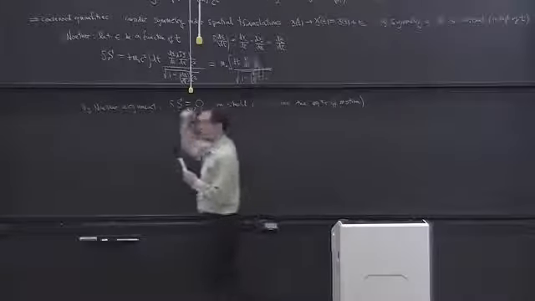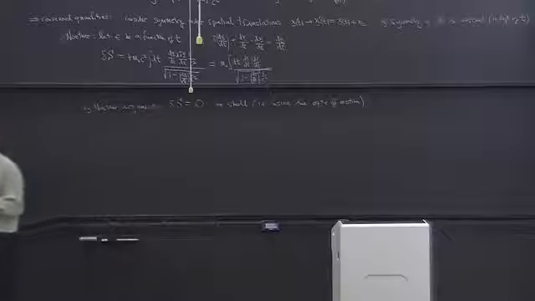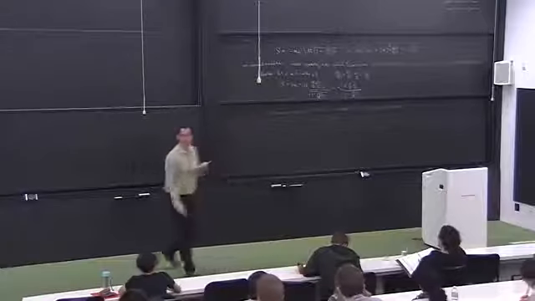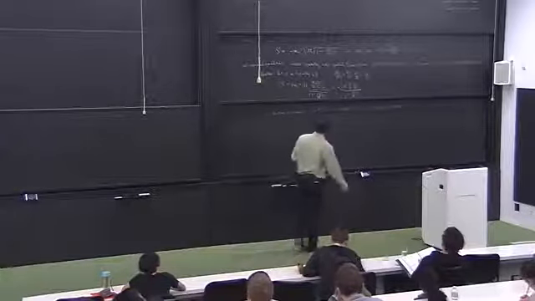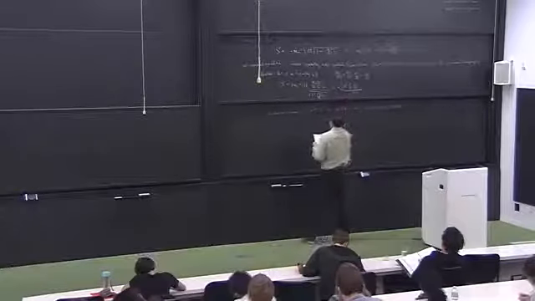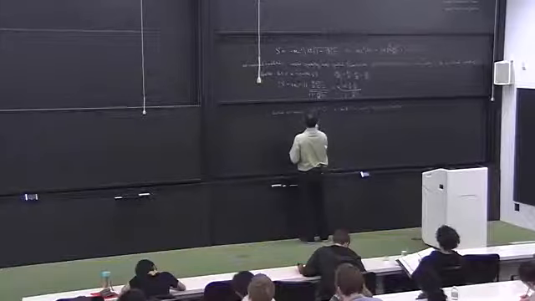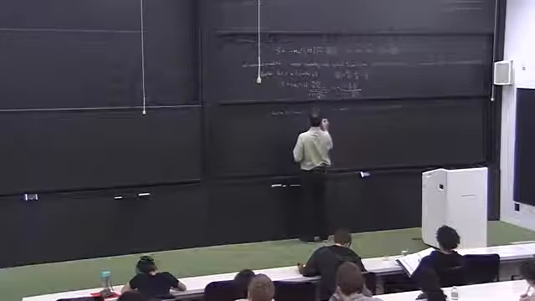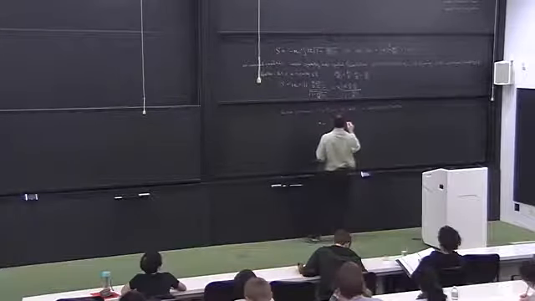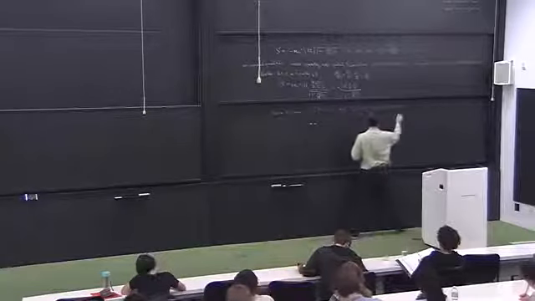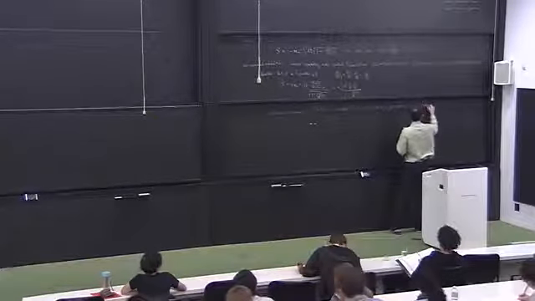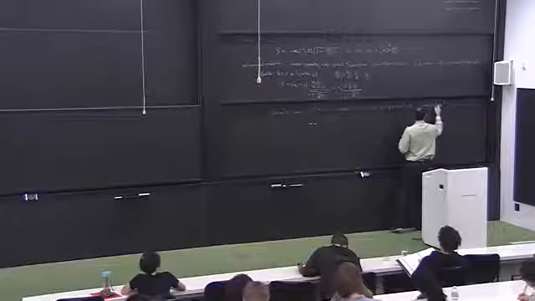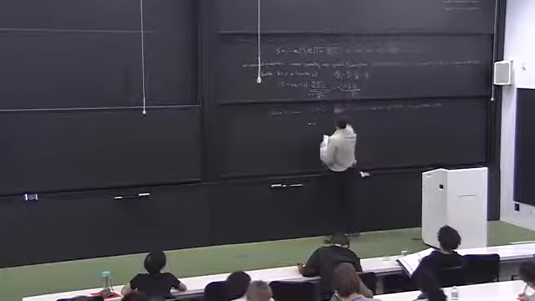Because this variation of x is a legitimate variation, and the variation of the action should be 0 for all variations using the equations of motion. And so what I can do is integrate by parts. So I get equals minus, this should be for arbitrary epsilon of t. So I can integrate by parts.